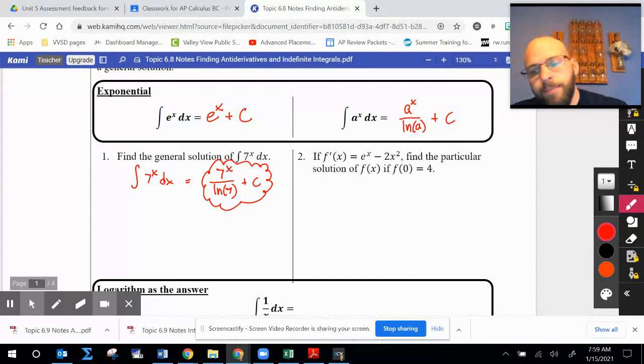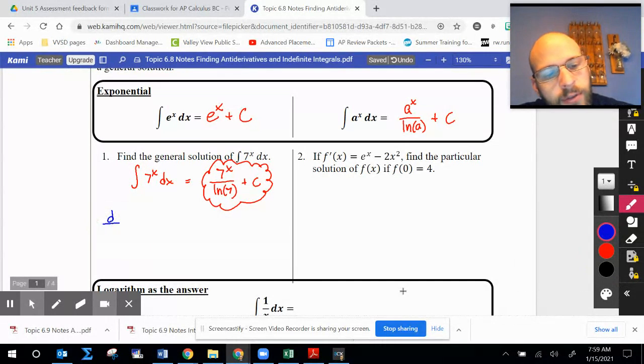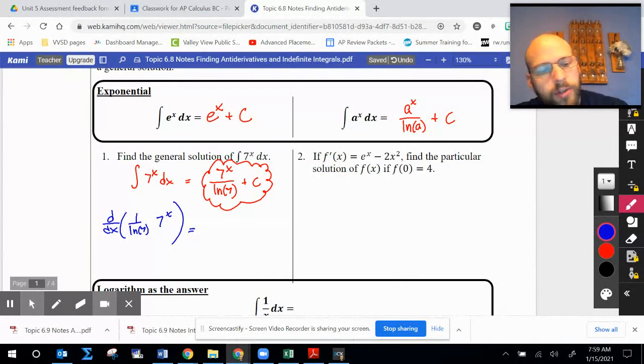Now, here's the nice thing. We can always check our answer by taking the derivative, and I'm going to write that natural log of 7 in the denominator as a fraction. If I take the derivative of this, the 1 over natural log of 7 is just a constant multiplier. We don't need to take the derivative of that, so that would still be there.